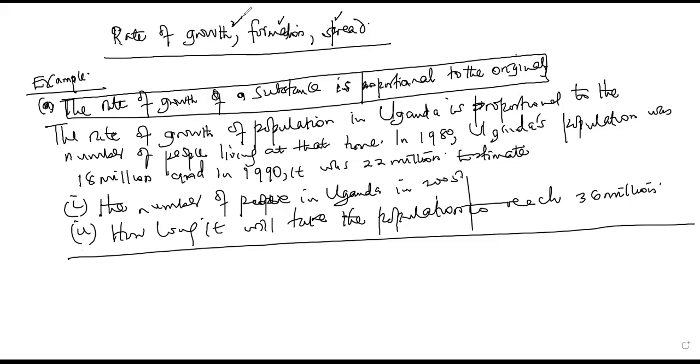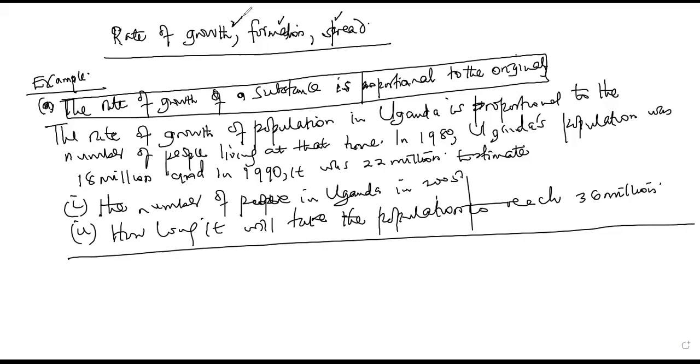Provided the cow has been born, for as long as it keeps in existence, it means that more other cows are going to be produced. That is growth, spread, formation. So in this case, you cannot expect a country to have a constant population.